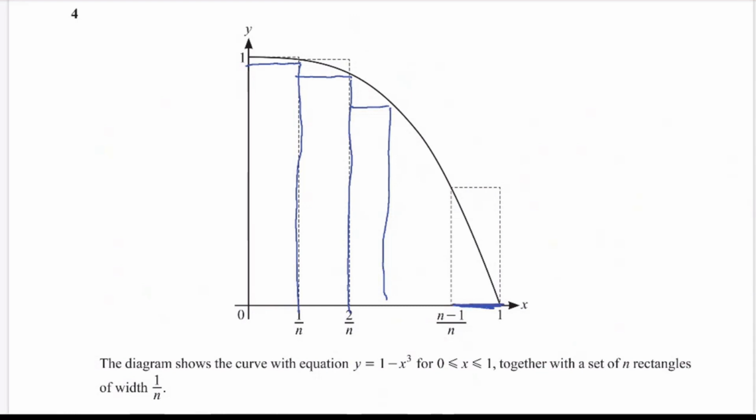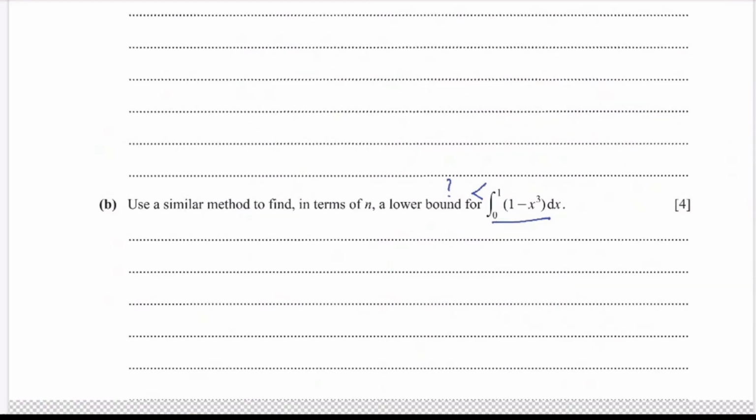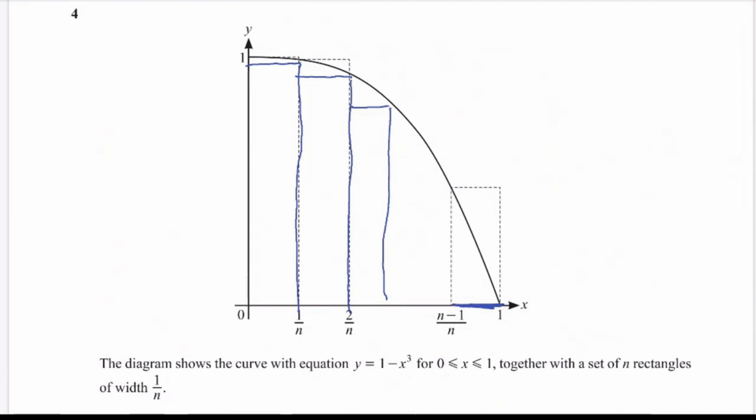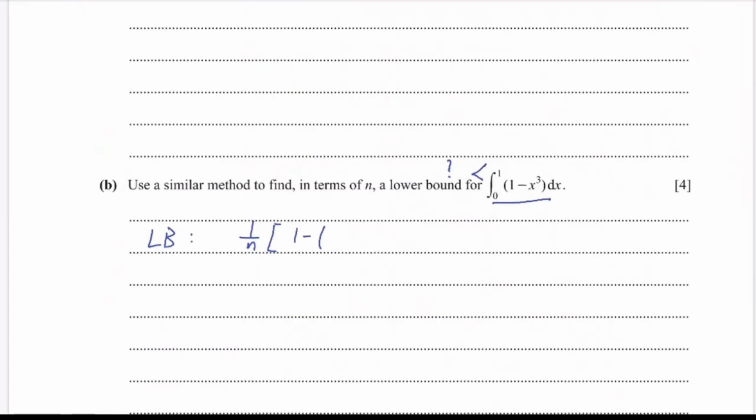The area we are looking at is still the width multiplied by all the heights. The height for the first one is at x equals 1 over n, so you substitute 1 over n into the function y, and so on.